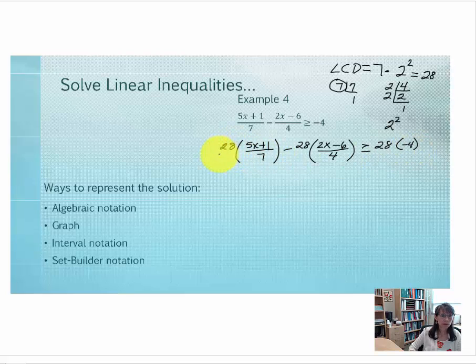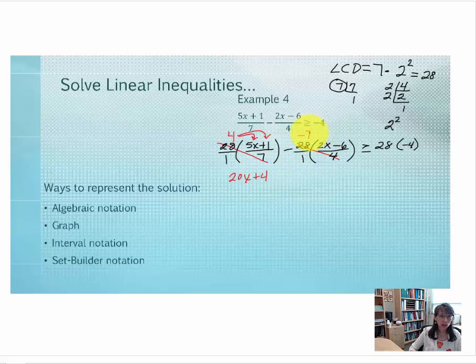So what happens here, remember 28 can be written as 28 over 1 when you have that written next to a fraction. So the reducing that I can do here, 28 sevenths makes 4. And here, negative 28 fourths will make negative 7. 4 will be distributed, and that gives us 20x plus 4.